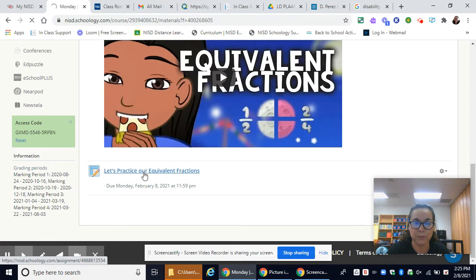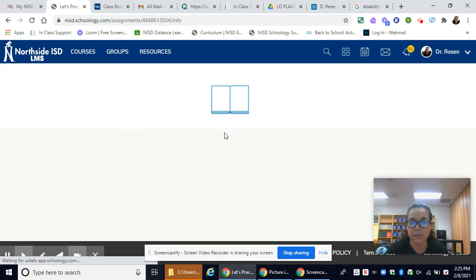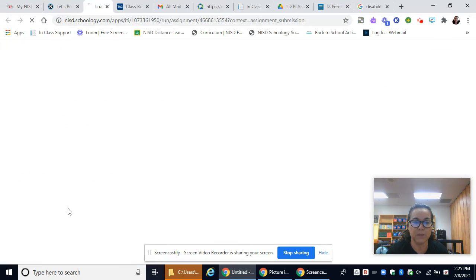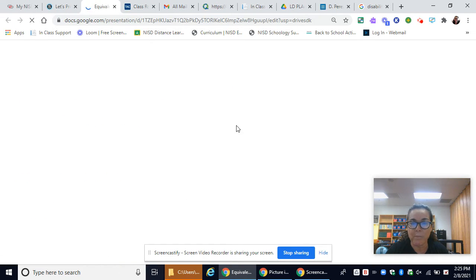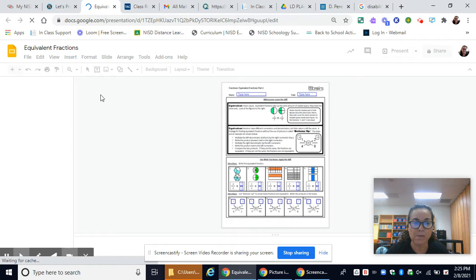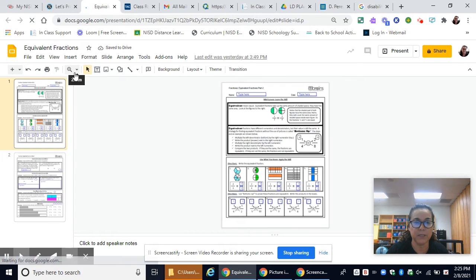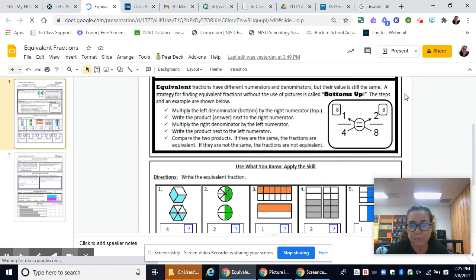You're gonna do the let's practice our equivalent fractions, and the assignment looks like this. Okay, it is very easy. I'm gonna zoom it in a little bit so you can see it better. Basically, the first part of it is a review of equivalent fractions, and we're going to introduce the bottoms up.